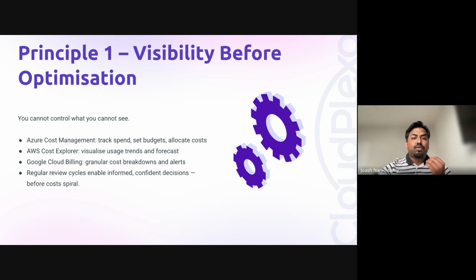You should be able to answer questions such as which workloads consume the most resources, which departments own them, which applications are business critical, where the costs are increasing, which services are underutilized. Fortunately, today's cloud platforms already provide powerful tools that make this so much simpler. On Azure, you have the Azure Cost Management tool.